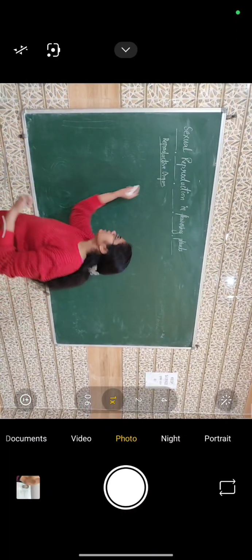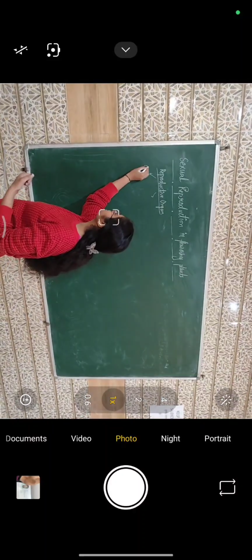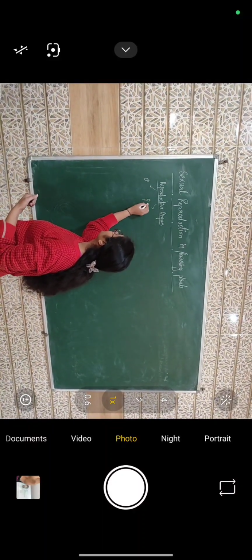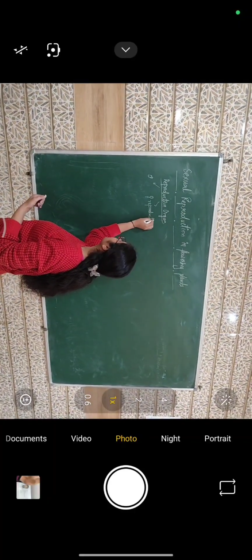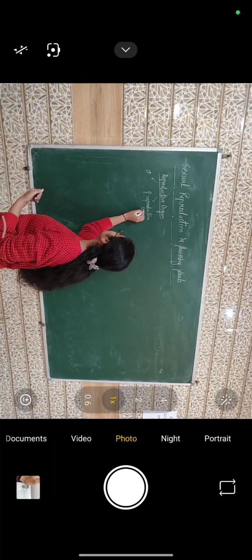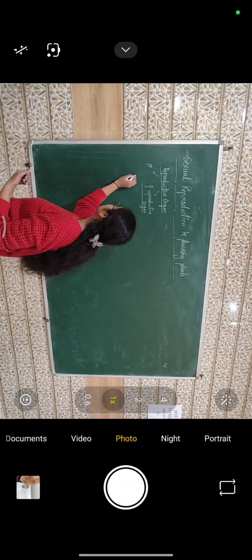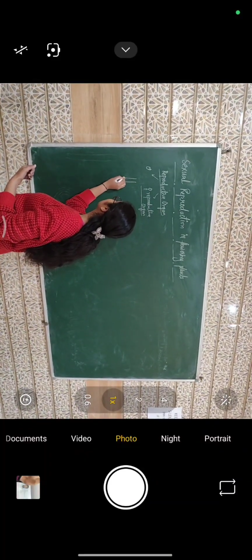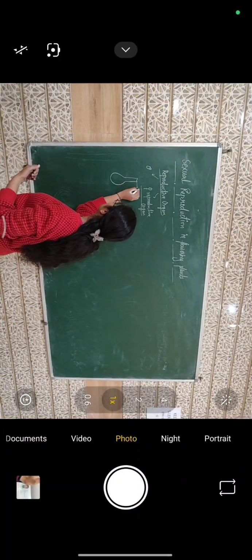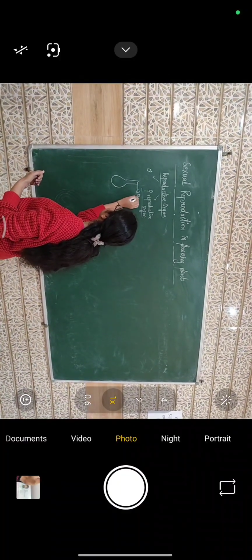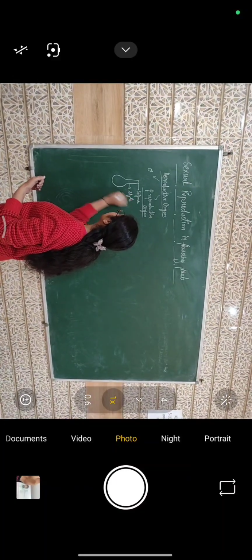Previously we have discussed the male reproductive organ. Now we will discuss the female reproductive organ. This is the stigma, this is the style, and this is the ovary.